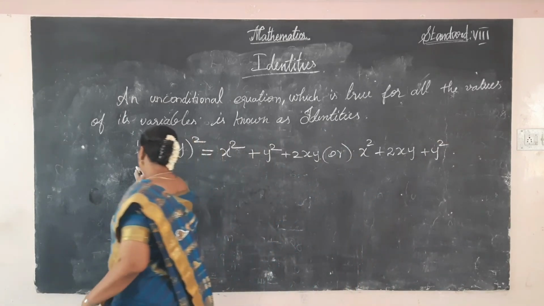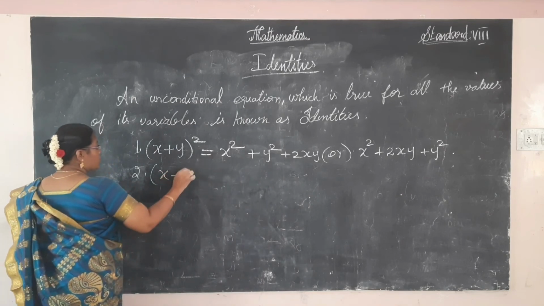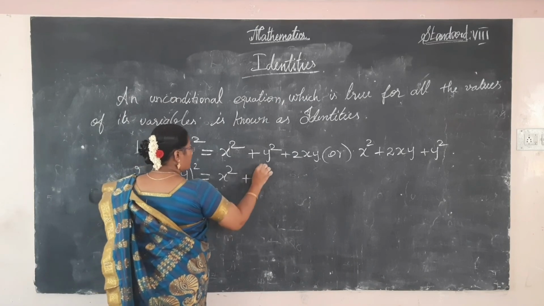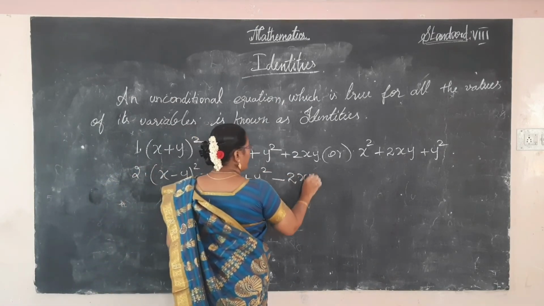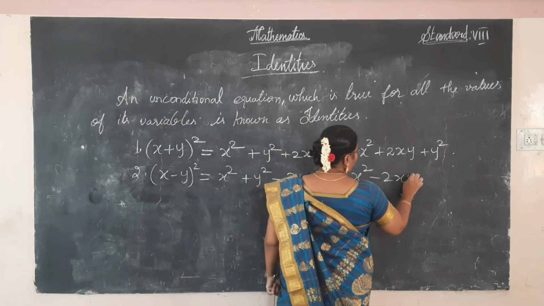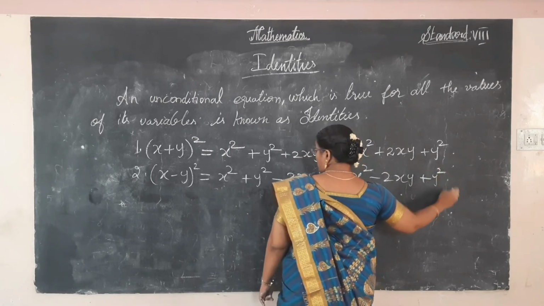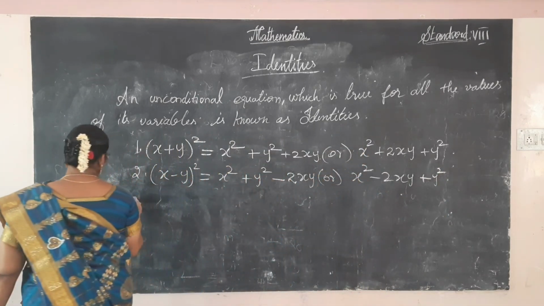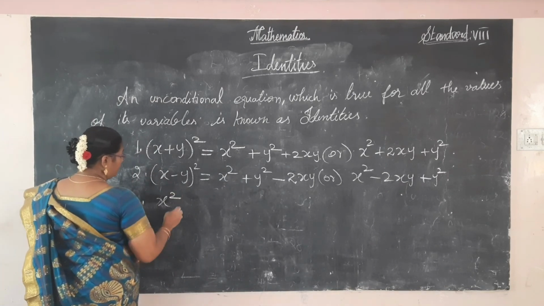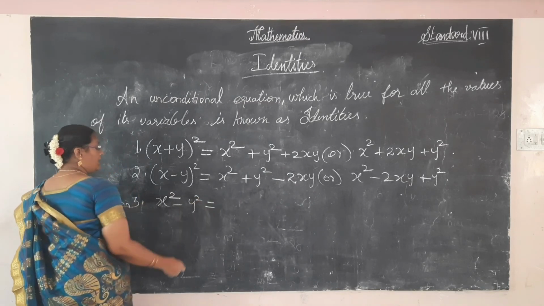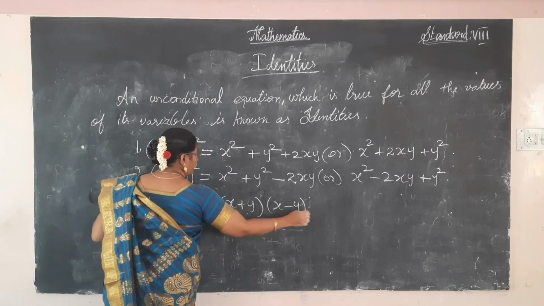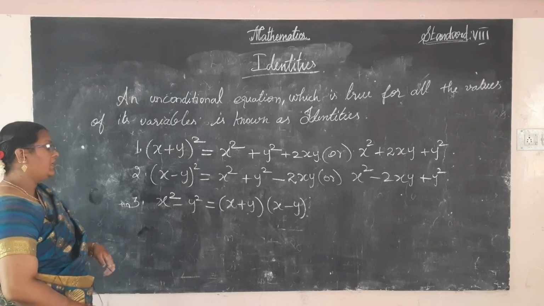The second one: x minus y the whole squared is equal to x squared plus y squared minus 2xy, or x squared minus 2xy plus y squared. And the third identity: x squared minus y squared can be written as x plus y into x minus y. These three identities we have learned.